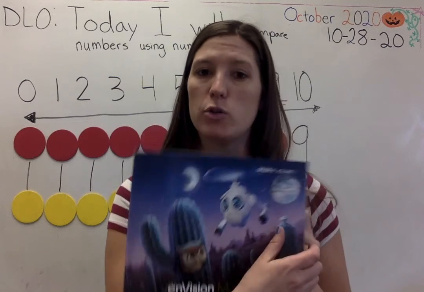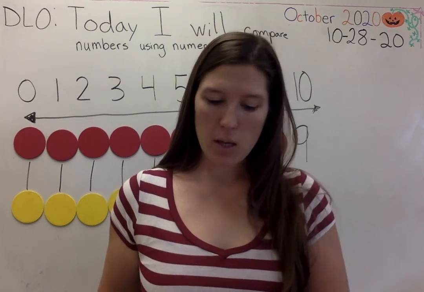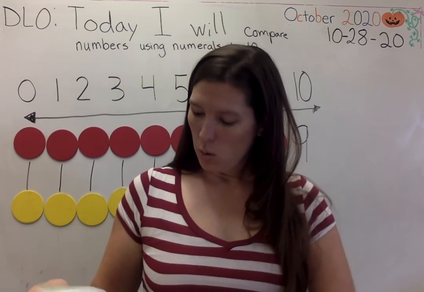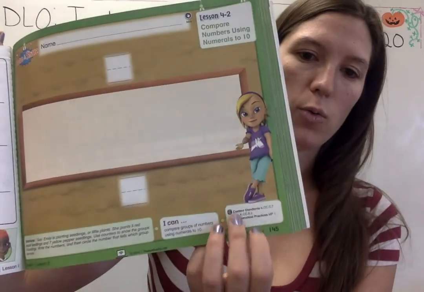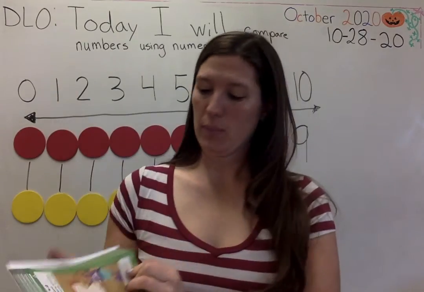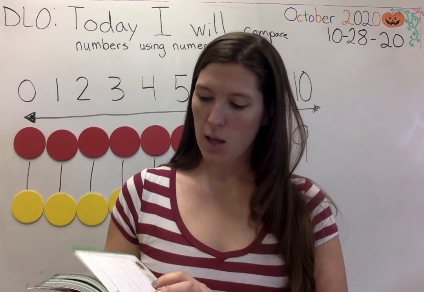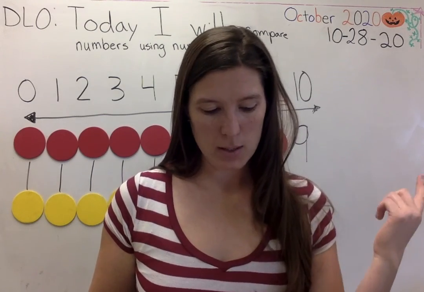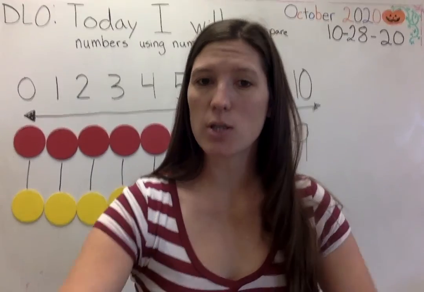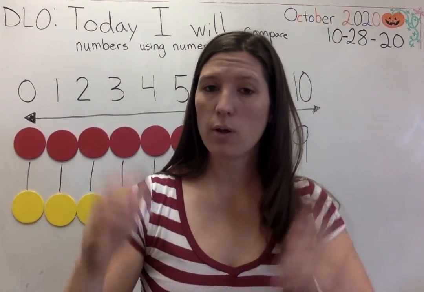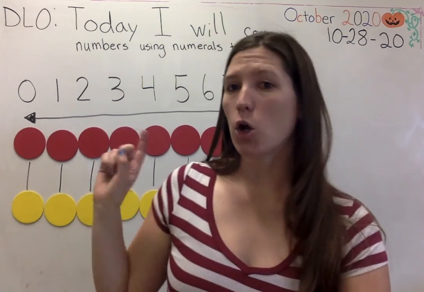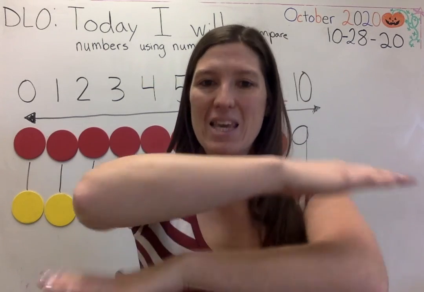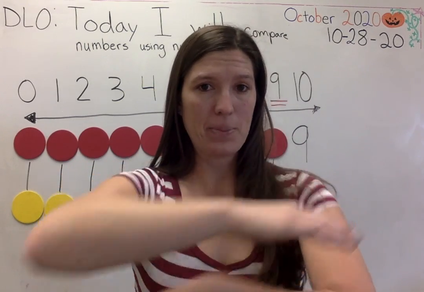So now you'll have your Journeys workbook, and you will begin on page 145. And then you'll do that group. And now it's your turn. Listen to those words. Greater, which is more, farther from 0, less, not as many, closer to 0, or equal. Equal means the same. Now it's your turn.